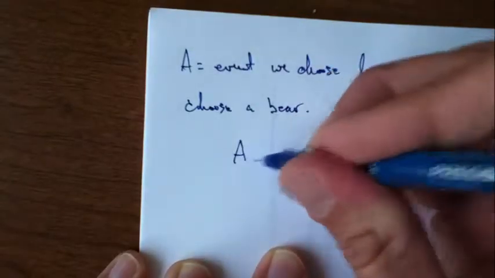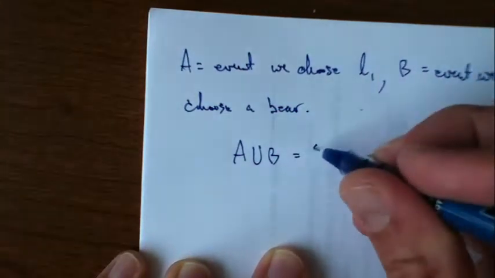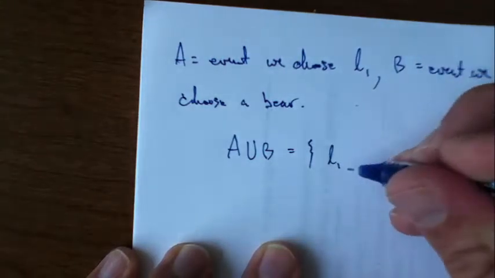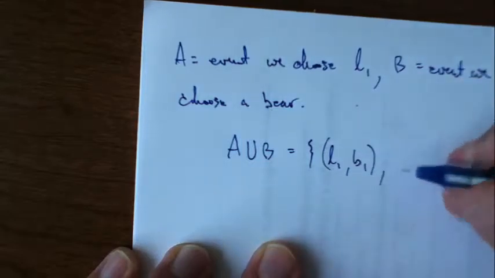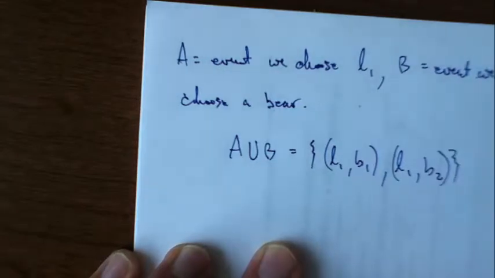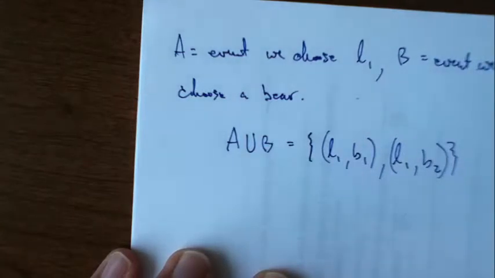Then the event A union B is going to be the set L1, B1, L1, B2, right? Those are the possible things that could happen. I could also write it in a lot of different ways.